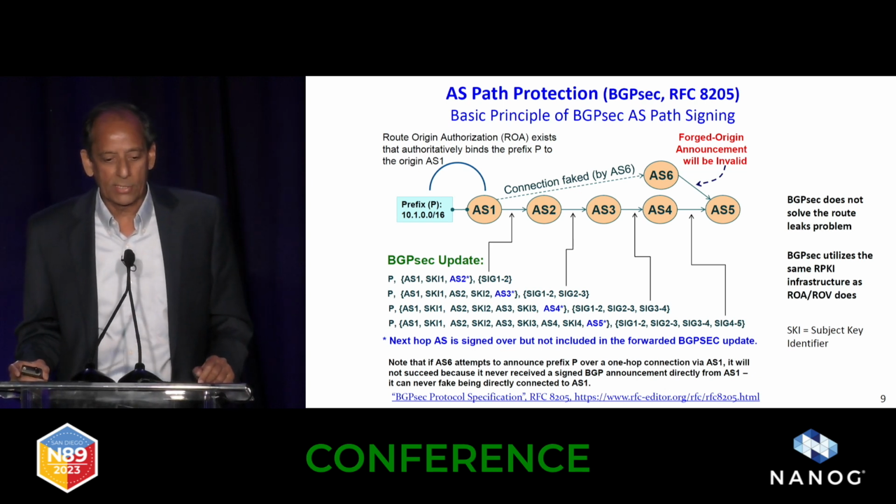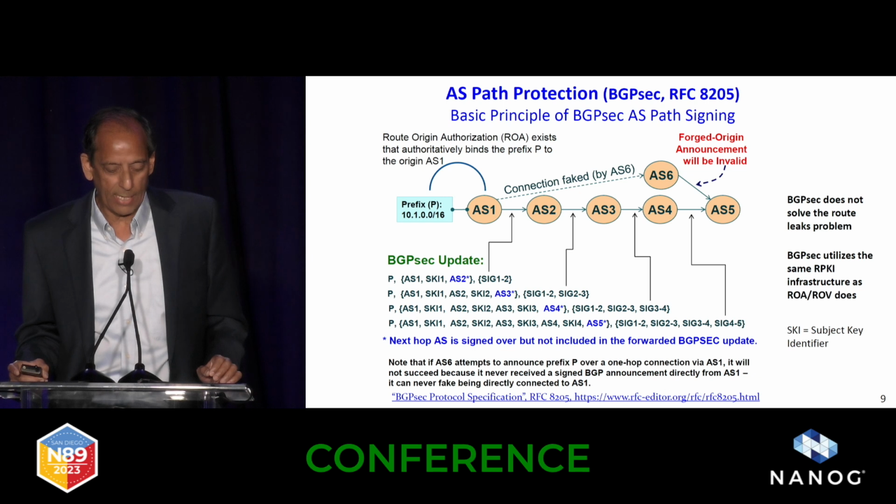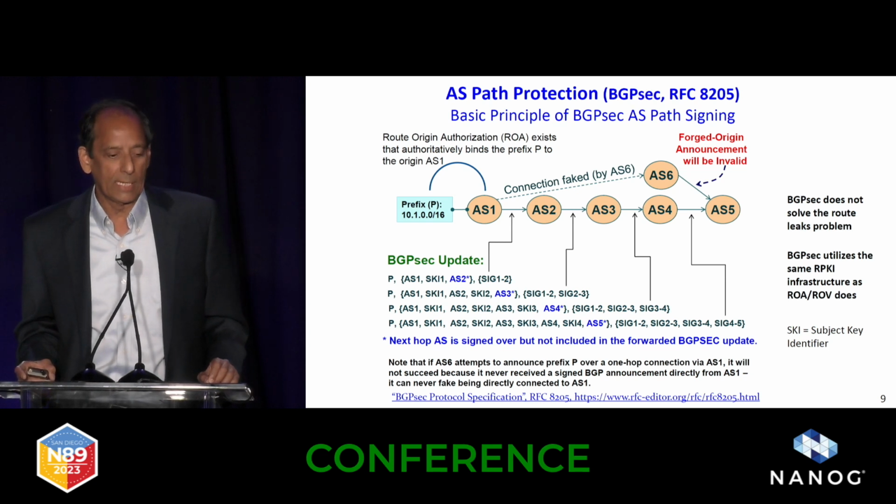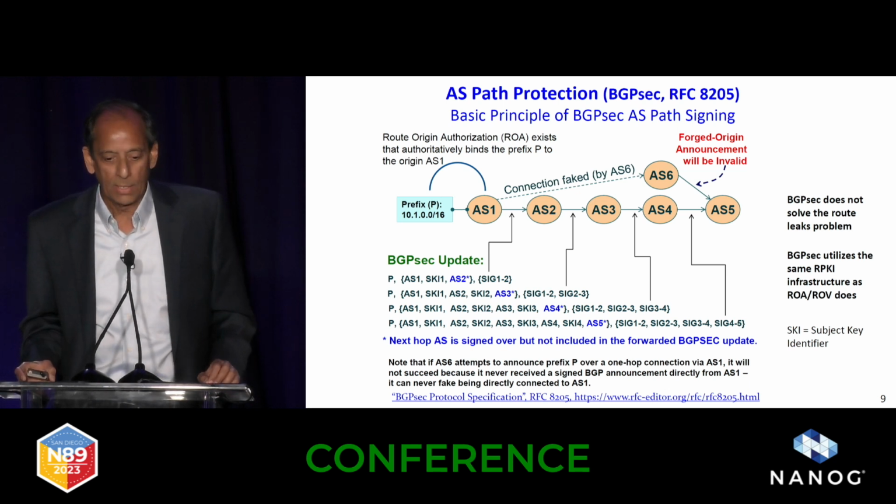If AS6 tries to fake a connection to AS1 and sends a shorter route to AS5, it would not be successful with that forged origin announcement because it doesn't have a signature from AS1. So BGPsec certainly is a solution for forged origin.